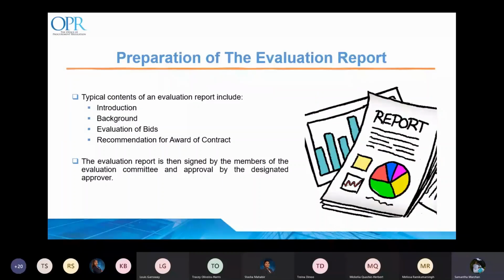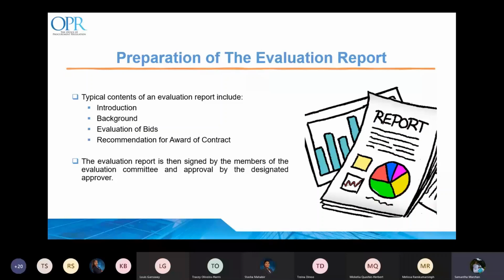It should also include a summary of the bids received, the strengths and weaknesses of them, copies of the requested documentation, any amendments or clarification issued, a detailed evaluation of each bid against the evaluation criteria, and the results of the comparative assessment of bids. So this is really the meat of the evaluation report, and it should clearly document all the procedures that were followed to arrive at this final part, which is the recommendation for award.